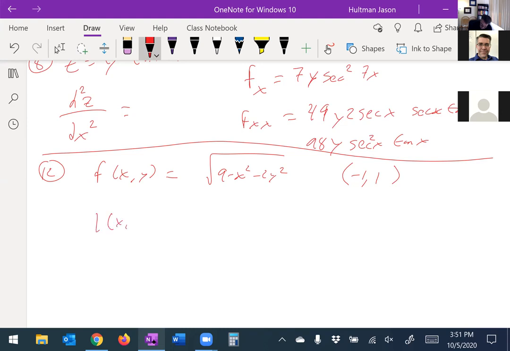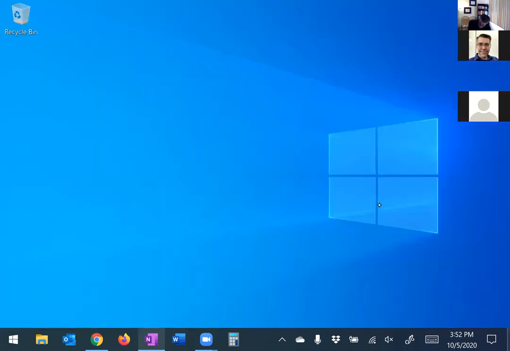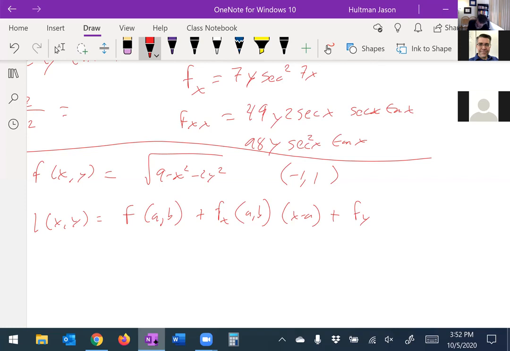L of xy is equal to f of ab plus f sub x evaluated at ab times x minus a plus f sub y evaluated at ab times y minus b.